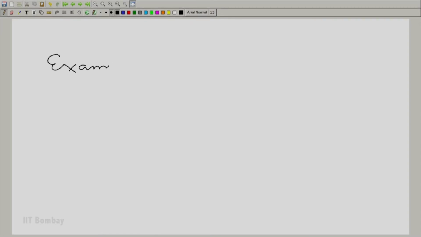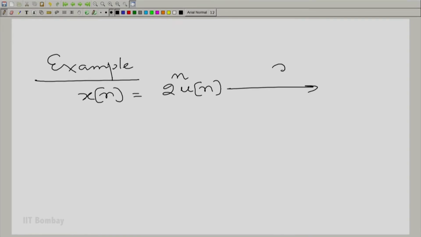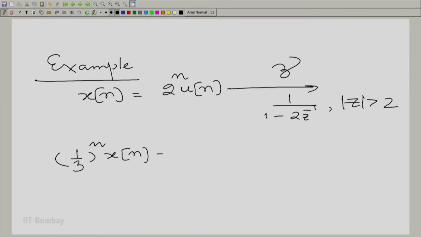Let us take an example to illustrate. Let us consider x of n, our favorite 2 raised to the power of n u of n. We know its z transform, 1 by 1 minus 2 z inverse with mod z greater than 2. Now, let us consider 1/3 to the power of n times x of n and query its z transform.